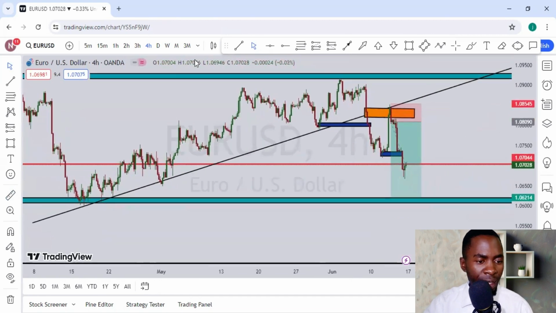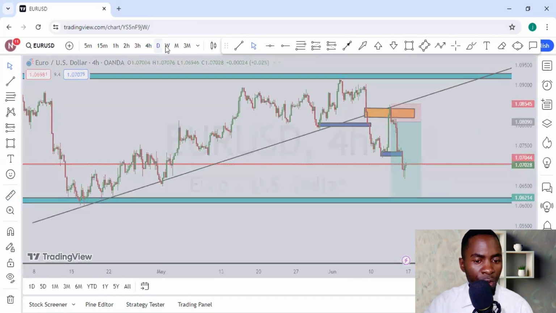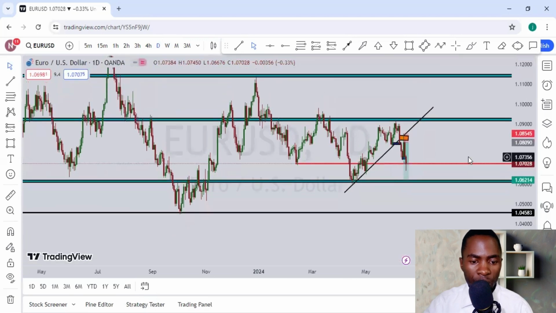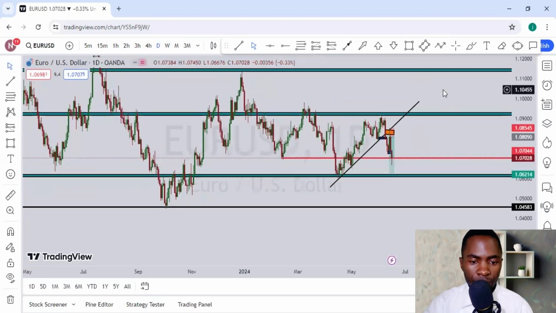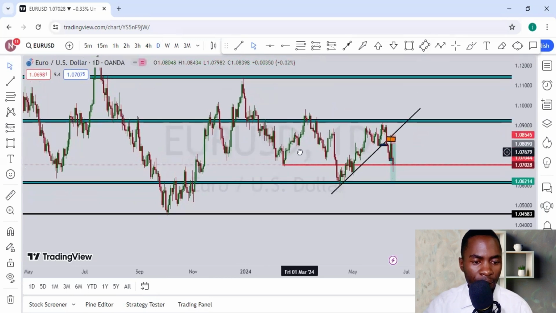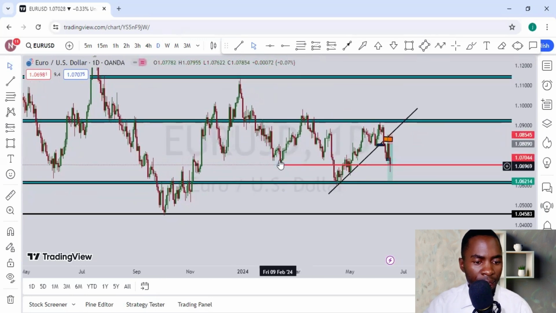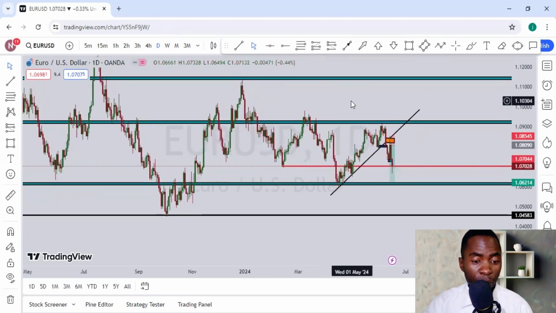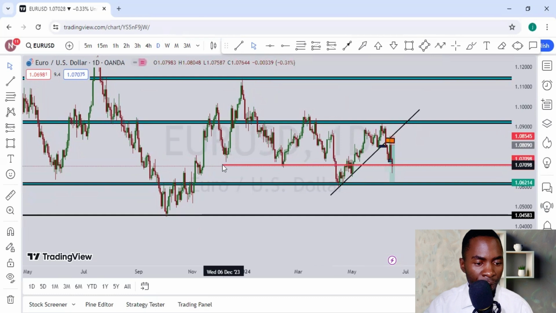So on my first take profit, let's go to daily and show you how I identify my first take profit. As you can see clearly on this red line, the market tends to respect this level. It's a minor level, but also an important level because the market has respected this level around here.